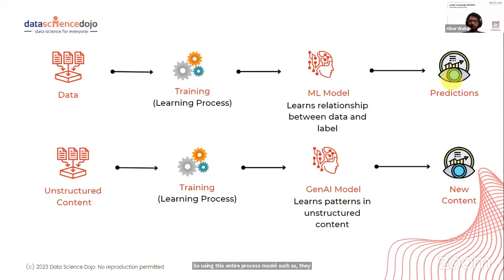Comparing overall how ML models and generative AI models work. With ML models, you take your data, the model learns that data, and it tries to find the relationship between all those features and the label, so it can carry out predictions. For example, if you have house pricing data from 2001 to 2010, and you're trying to predict what the prices are going to be in the future using that historical data.